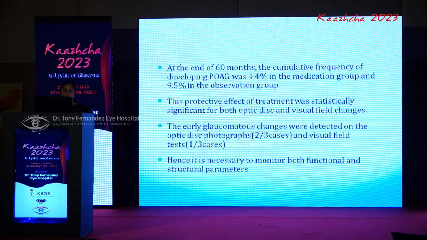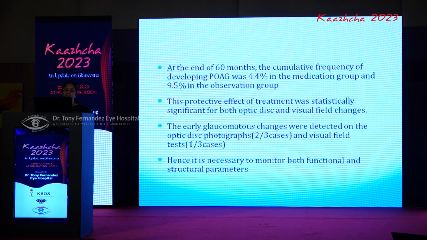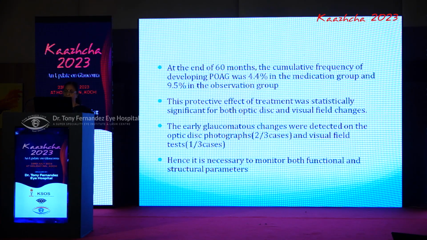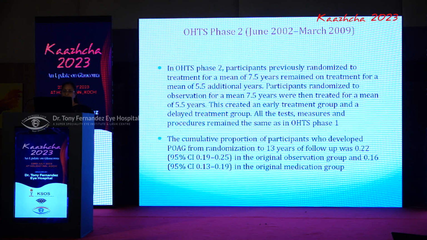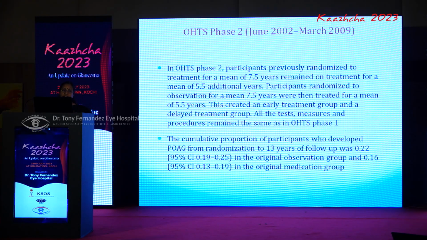It also showed that it is necessary to monitor both functional and structural parameters, because the early glaucomatous changes were detected in optic disc photographs in 2/3 of cases, whereas the visual field test was abnormal in 1/3 of cases. In phase 2, the treated arm continued treatment, and the observation arm patients were started on treatment.